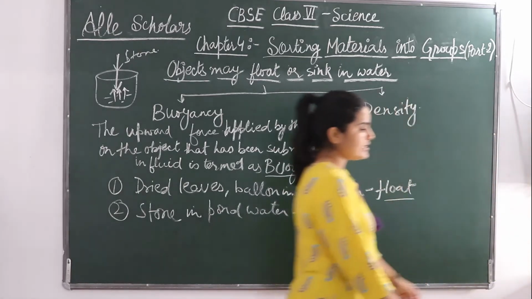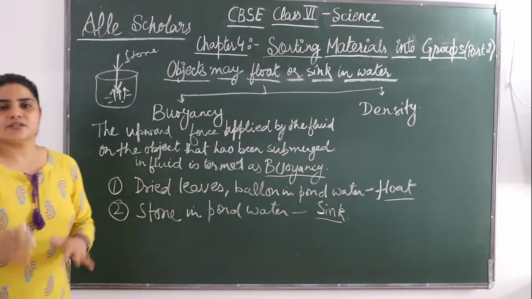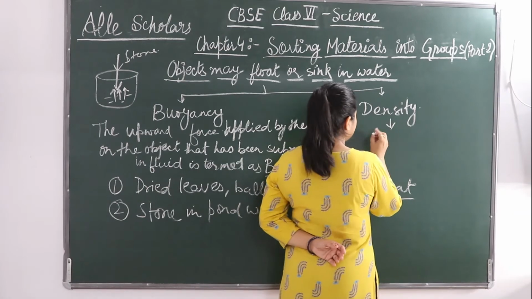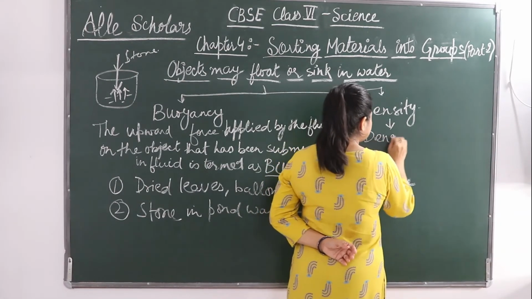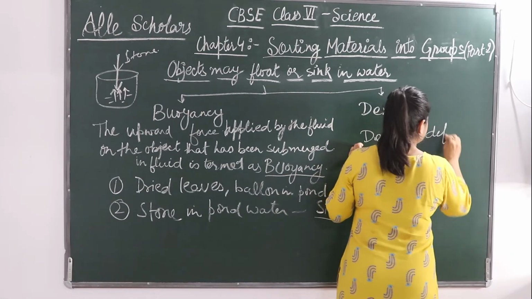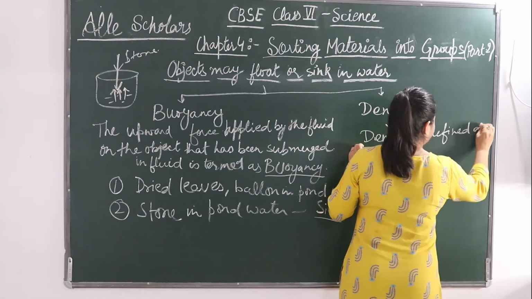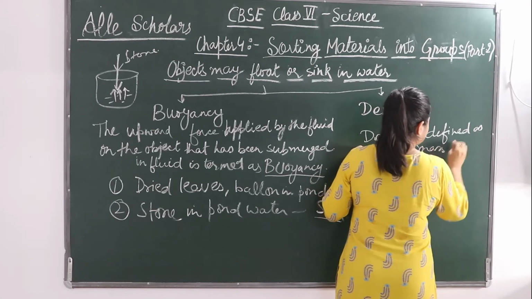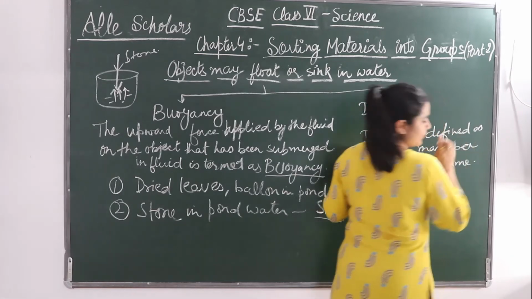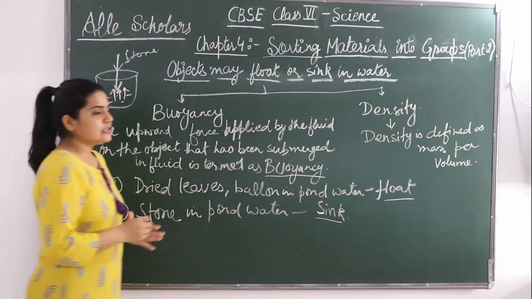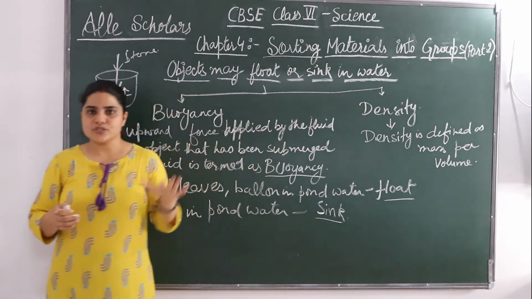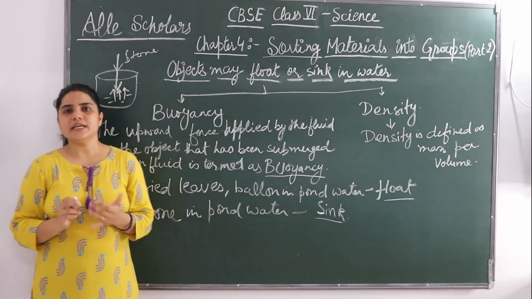What is density? Density is defined as mass per volume. Okay, so density is also one of the reasons whether an object is going to sink or float on the surface.